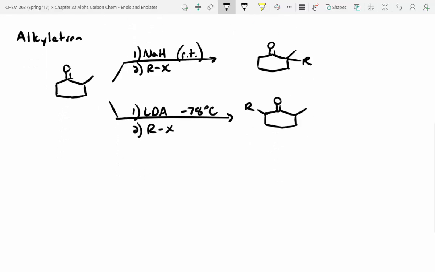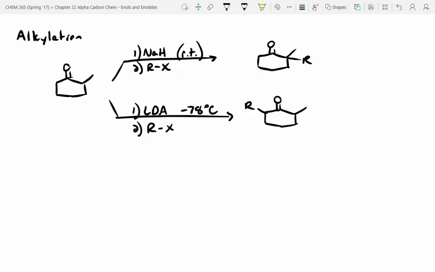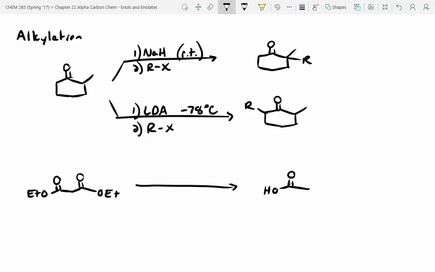All right, there were a few other alkylation ones we saw. We saw the reaction with diethylmalonate. And when we did this reaction, you got a carboxylic acid with some sort of R group coming off of it.